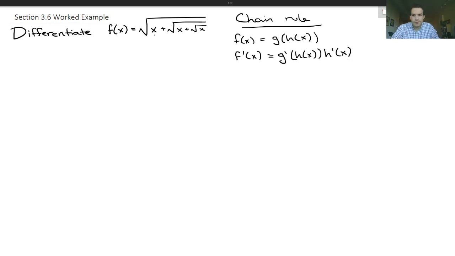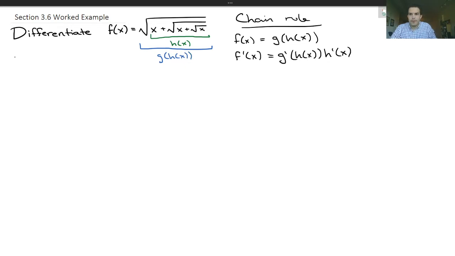So let's just get this set up. Here we can see we have a big outside function, which is the square root, and then something on the inside. So this is going to be our h of x, and then the whole thing is going to be g of h of x.